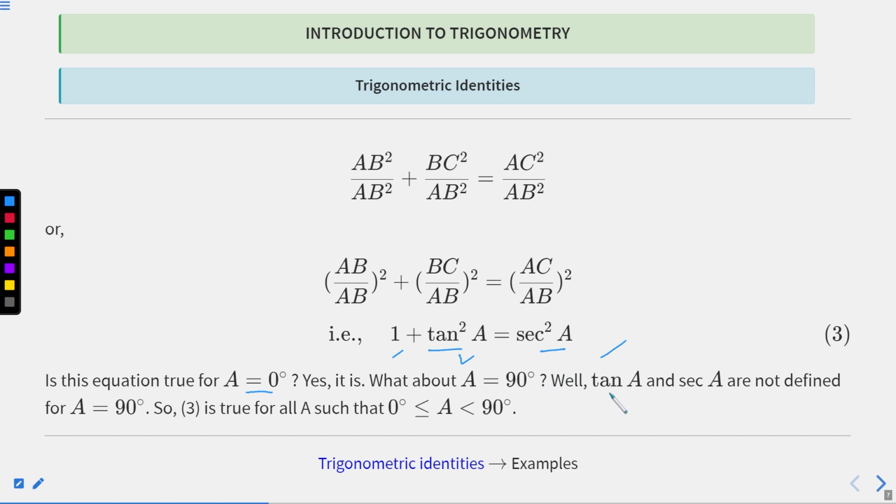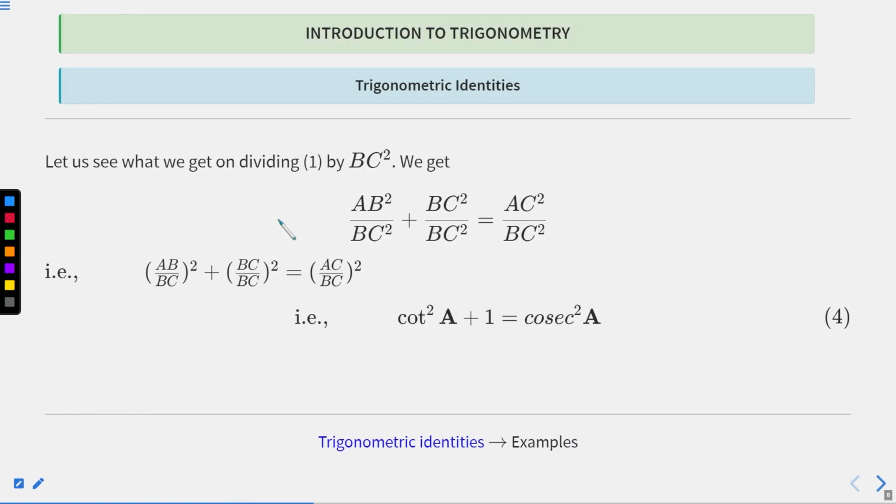Well, tan A and sec A are not defined for A equal to 90 degree, so equation 3 is true for all A such that 0 degree is less than or equal to A, less than 90 degree. Okay, so let us see what we get when dividing equation 1 by BC square.